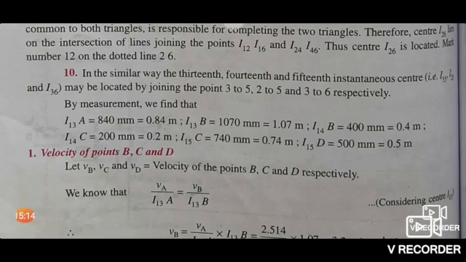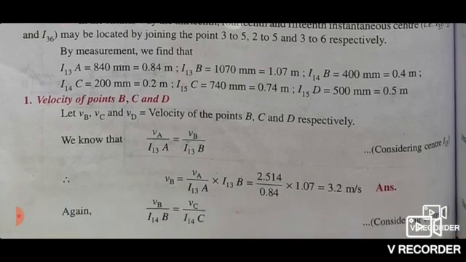10th point. In a similar way, the instantaneous centers I35, I25 and I36 may be located by joining points 3 5, 2 5 and 3 6 respectively. By measurement, we find that I13A is 840 mm, that is 0.84 meter.